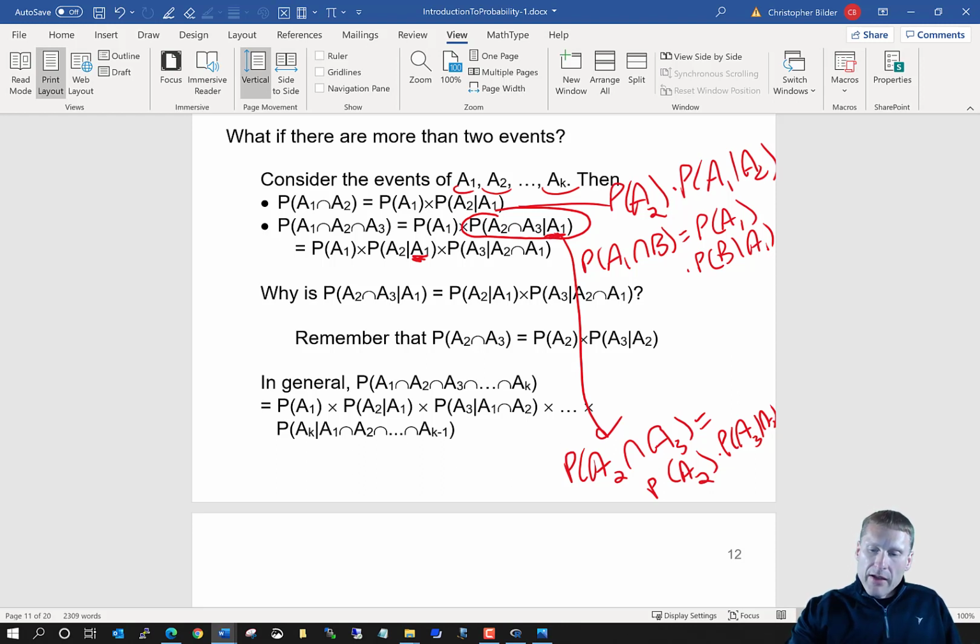So now here I put in A1, and also I have A2 intersect A1 there. You can keep on doing that for more events, 4 events, 5 events, and you can write out the general expressions for what these large joint probabilities would be.